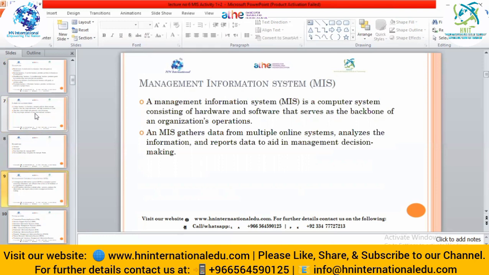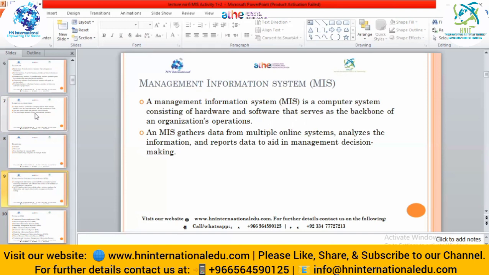Now, first thing is that we have to know what management information system is. Like I have told, a management information system consists of hardware, software, as the system consists of multiple things. So in management information system, we are using the hardware as well as different types of software and different types of human resources that can be part of our system.